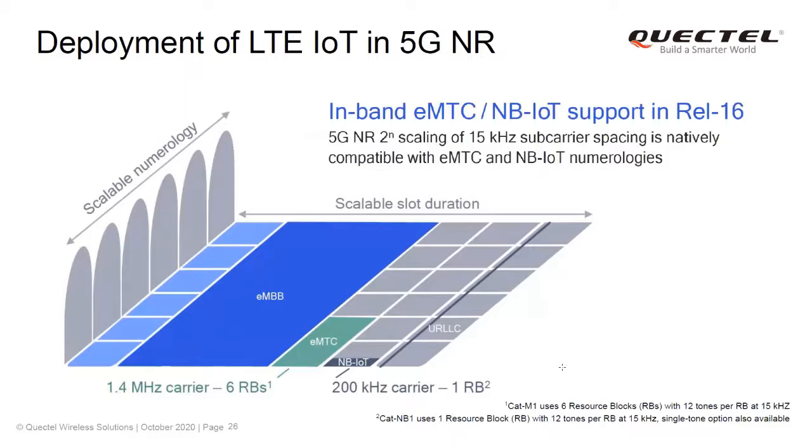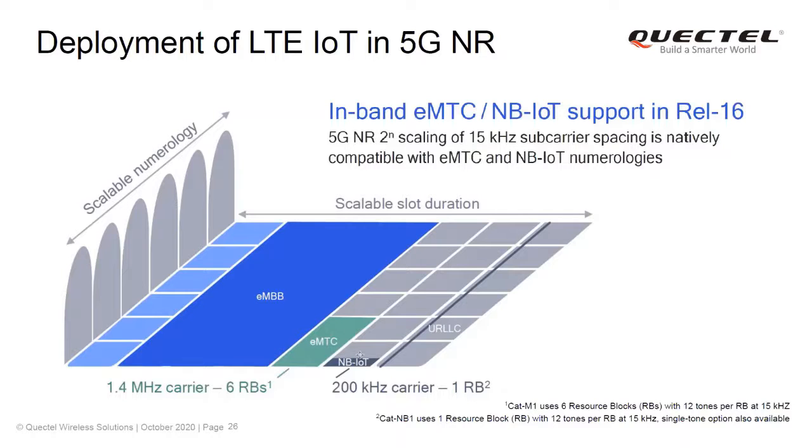This is the spectrum, for example, for 5G. And on the horizontal, you can see, for example, the eMBB part. This full blue area means that the full bandwidth is used for high-speed data transfer, where you need a large amount of data to be transferred.